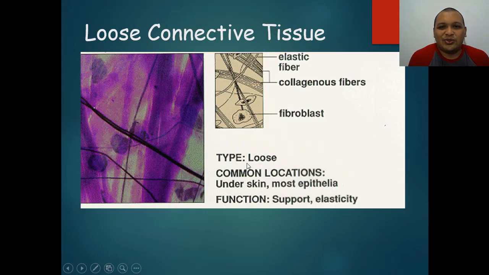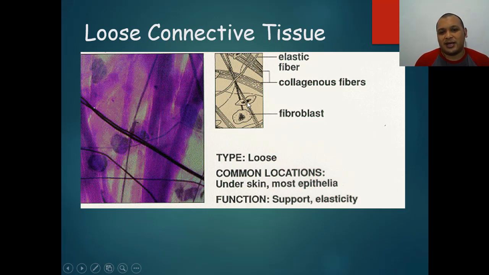Loose connective tissue. Why do we say loose? Because it has more space between the fibers. And the fiber in this case is made by fibroblasts. Fibro is fiber, so the cell that makes fiber we call a fibroblast.